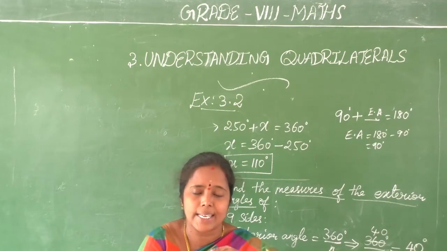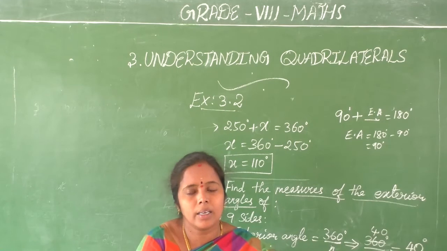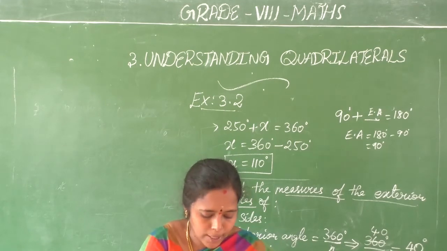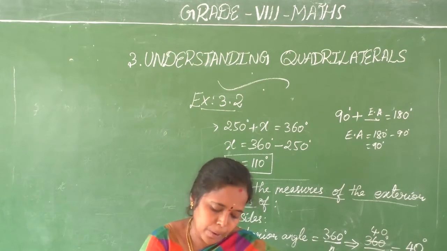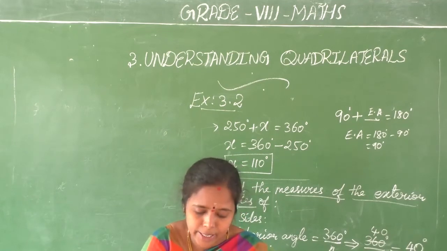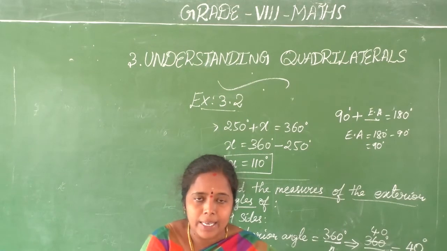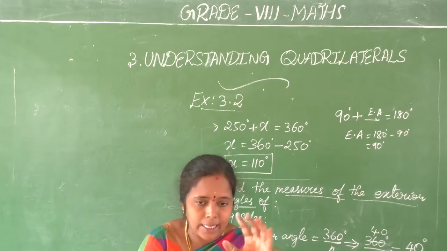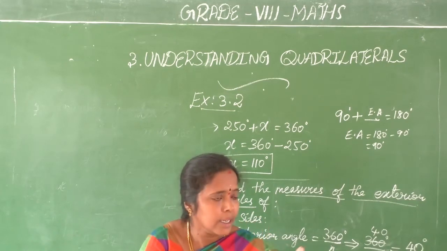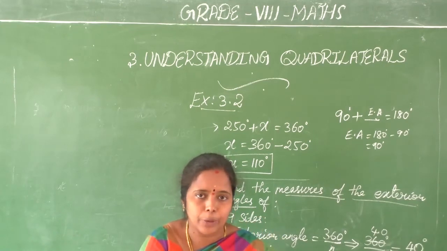The figure which has all sides and all angles equal is called a regular polygon. If each exterior angle is 22 degrees, we have to check whether the figure is regular or not. Clear?